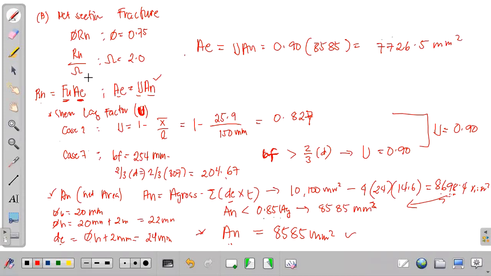So we have now our AE, we have our FU. We can now solve for the nominal strength of our section against net section. So RN is equal to FU AE. Yung FU natin is 400 MPa times 7726.5. Ano yung magiging nominal strength natin?